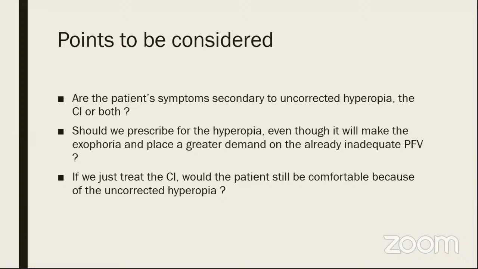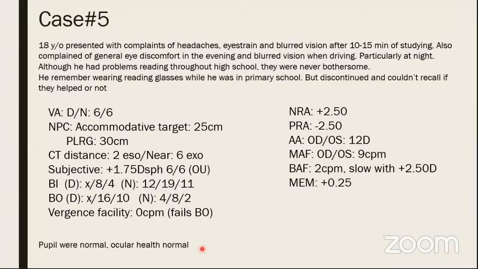Should I perform fogging for the patient? Yeah, we can perform fogging for this patient while prescribing in every hyperopic case. But if we do fogging and go with the maximum plus, that would not help this patient, because the full plus would make the patient work more on positive fusional vergences, and the PFV is already reduced in this patient.